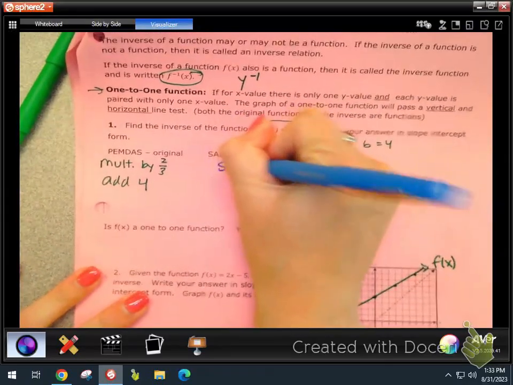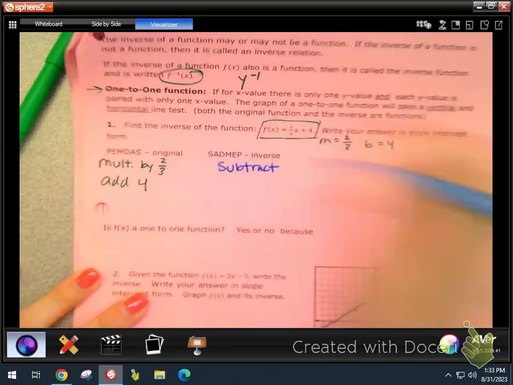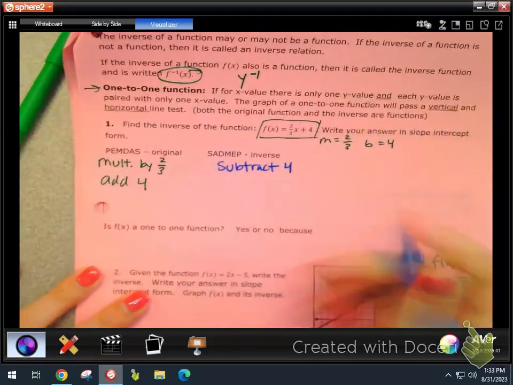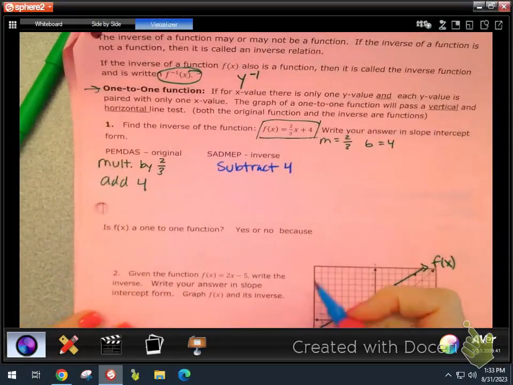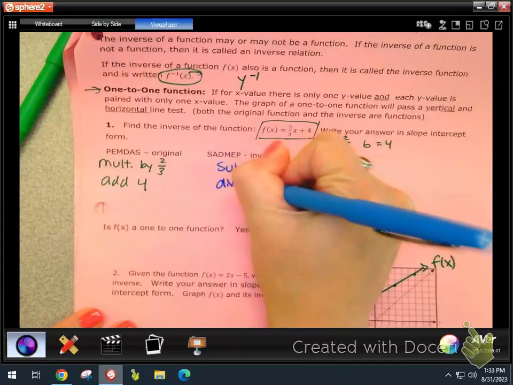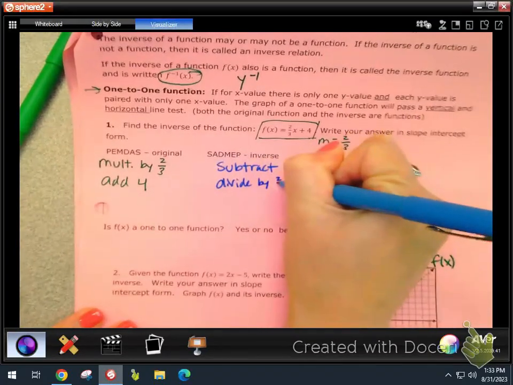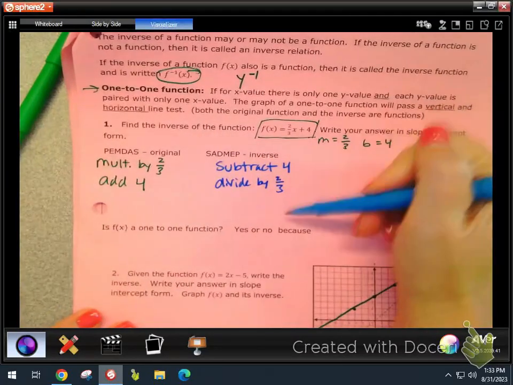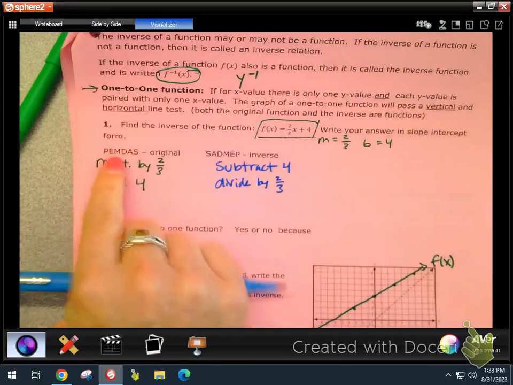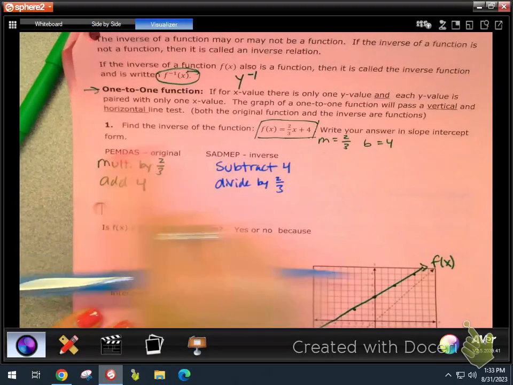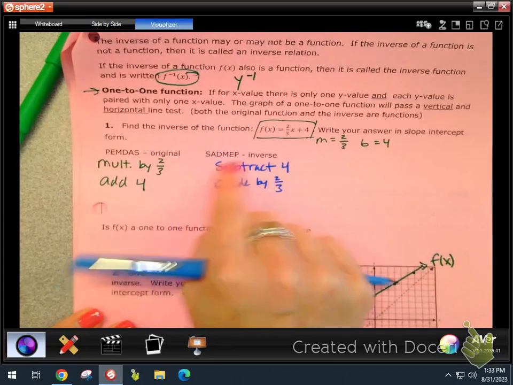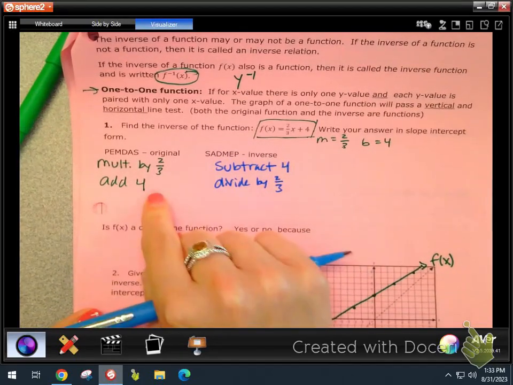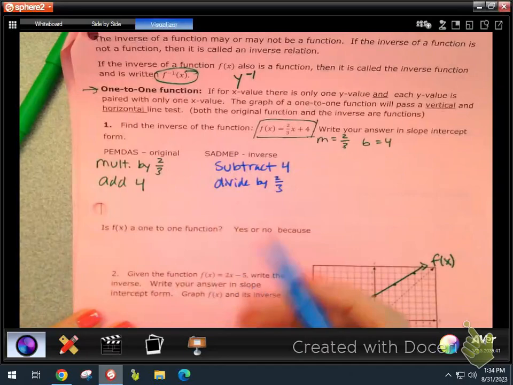Subtracting 4. So that's going to be the first thing that I do when I find the inverse. I'm going to subtract 4. What is the opposite of multiplying by 2/3? Dividing by 2/3. And this is the order that I'm going to write the inverse in. So PEMDAS when you have the original, SADMAP when you do the inverse. Okay, you just do the complete opposite there.